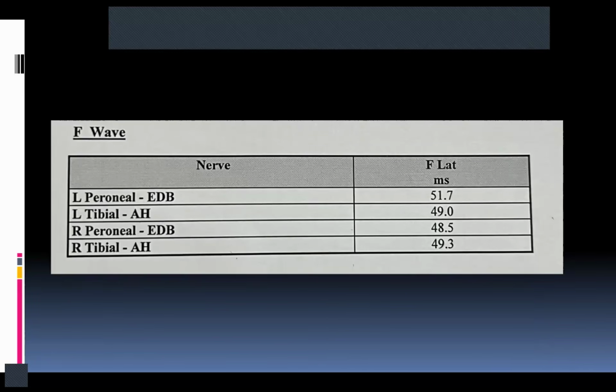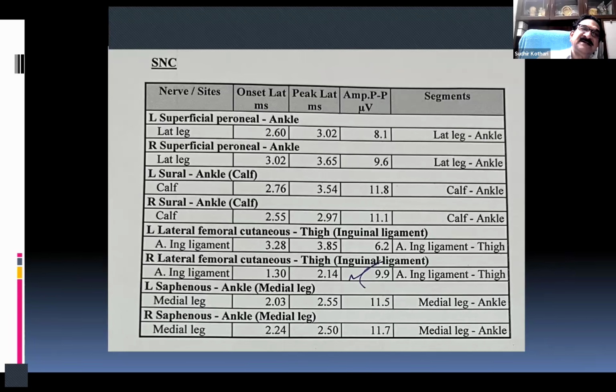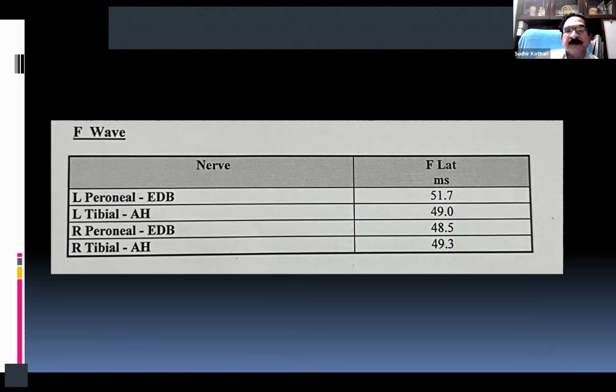Obturator can be tested, sir. No, obturator we usually do not do conduction. Very difficult. Okay, F-wave latency normal. Now what do you want? This can go with femoral neuropathy, but the sensory saphenous potential was normal.